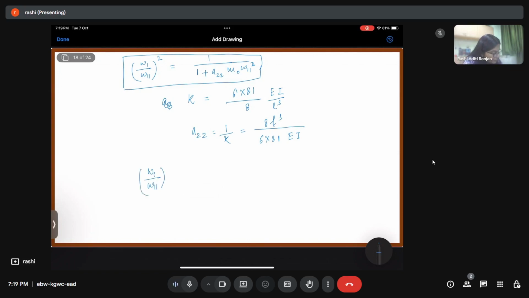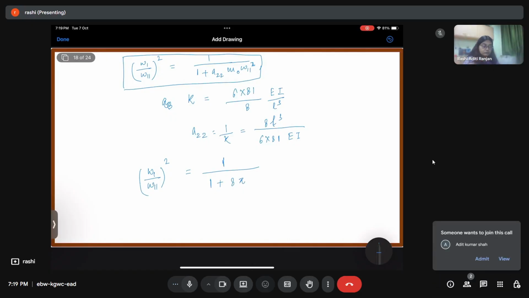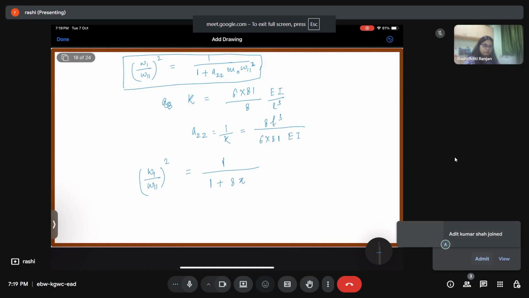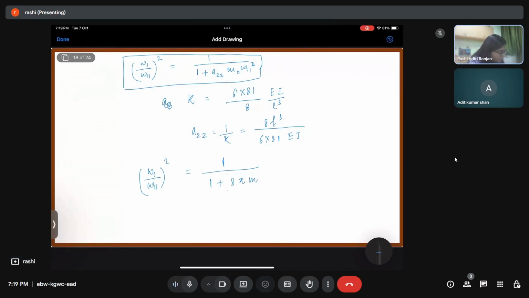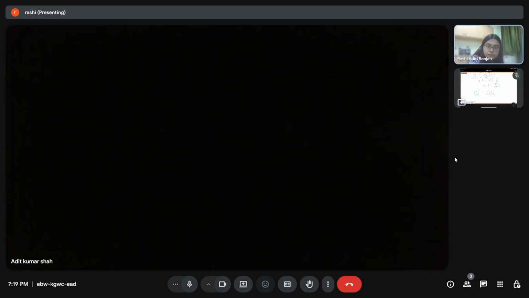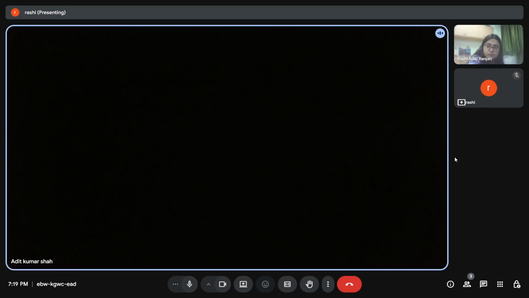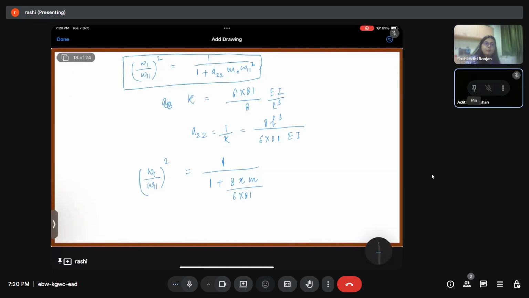This will give us omega 1 square by omega 11 square as 1 by 1 plus 8 pi to the power 4 m naught by 6 into 81 capital M, right?